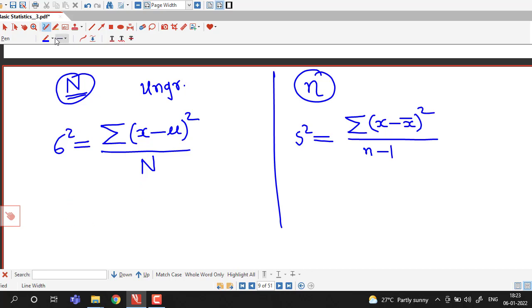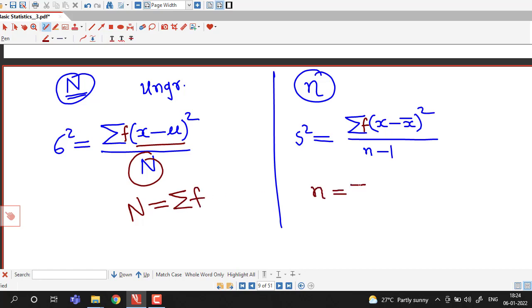Now for grouped data, we just have to multiply these deviations by the corresponding frequencies. So here we will write small f, and similarly here also. If we are given frequencies, then this will be the formula for population variance, and this capital N will be equal to the sum of all the frequencies.